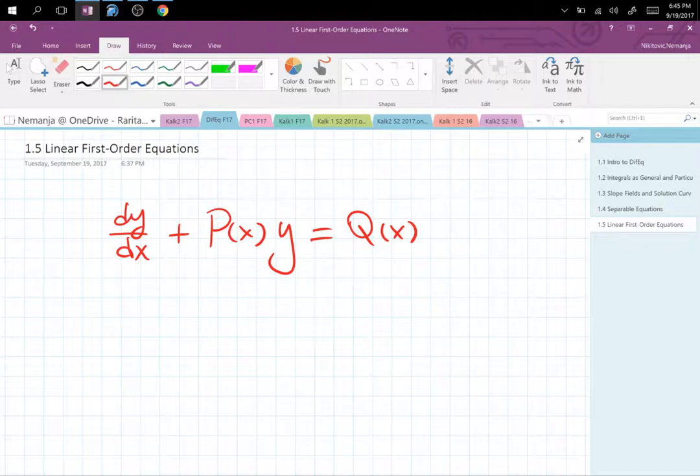Clearly the solution to this is a function, and everything depends on these functions p of x and q of x. Now, the method to solve these equations, well, we know that we can do the slope field and all that stuff.